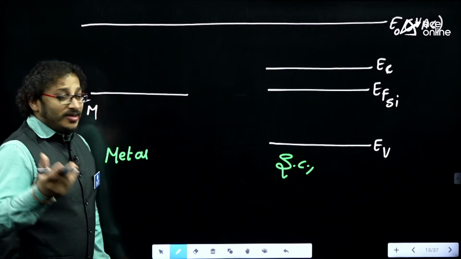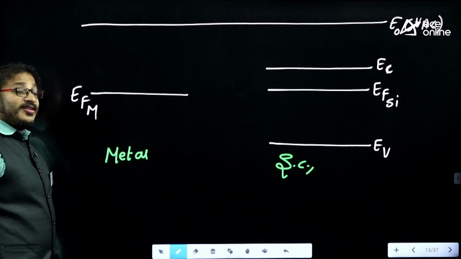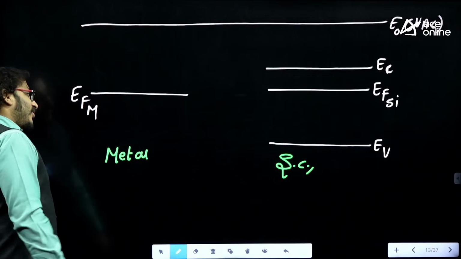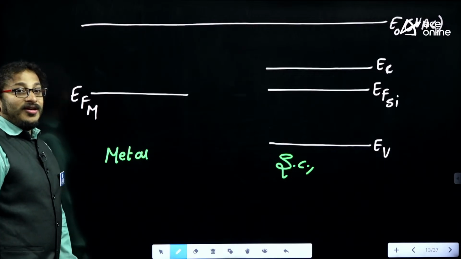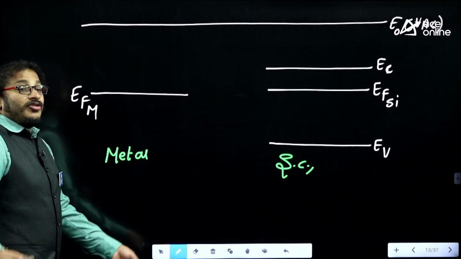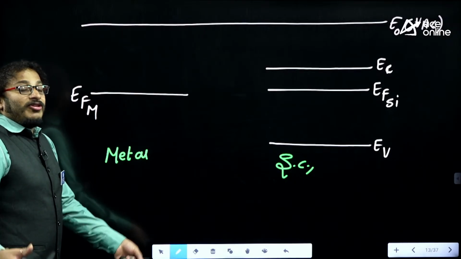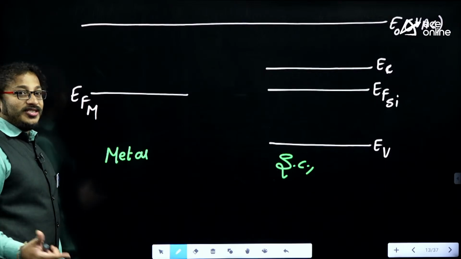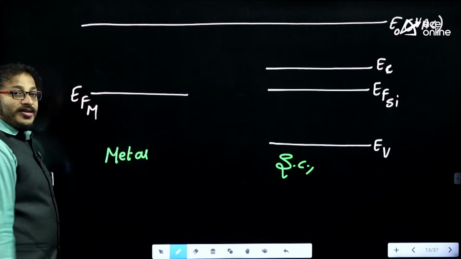Whenever the conduction band and valence band overlap, how can I identify the energy of an electron? No doubt, I have a weapon. What is that? The Fermi level. The Fermi level identifies the energy of an electron. The Fermi level represents the highest energy of a particle, the position of a particle, the equilibrium or non-equilibrium condition of a particle. Because the net average energy acting on a particle is given near the Fermi energy level.